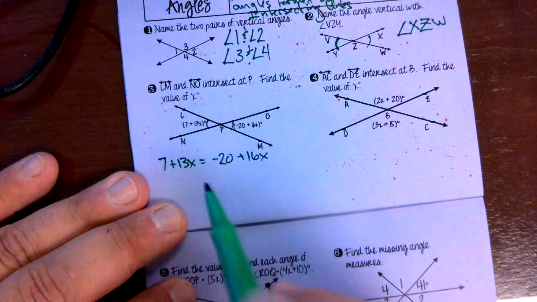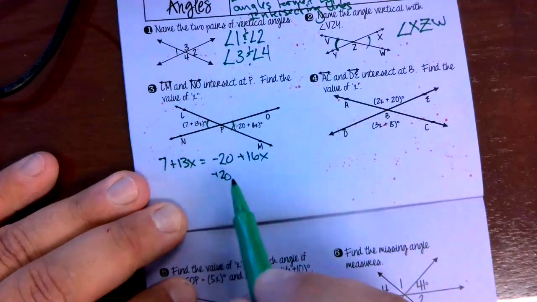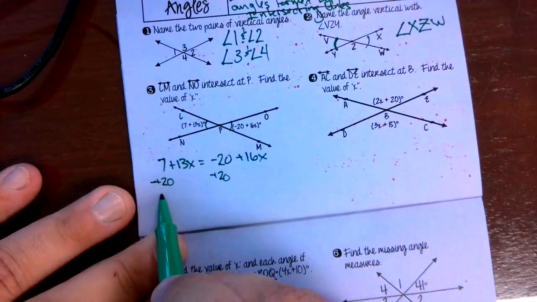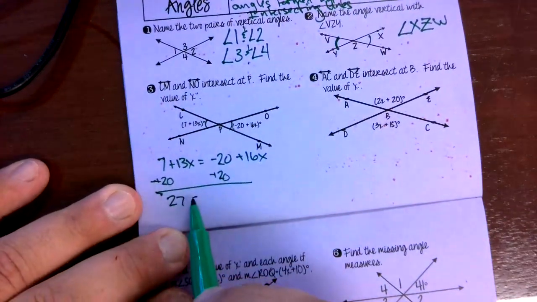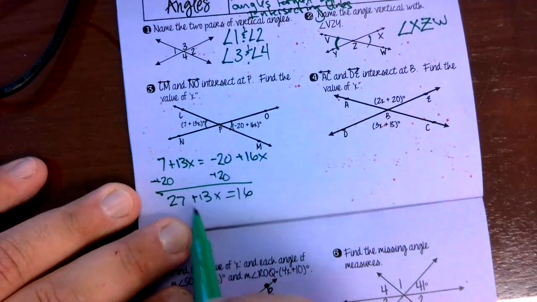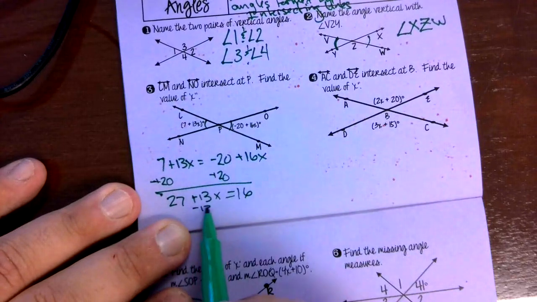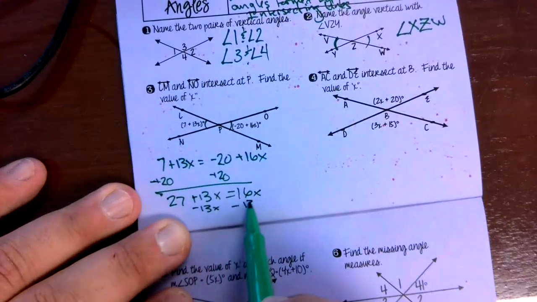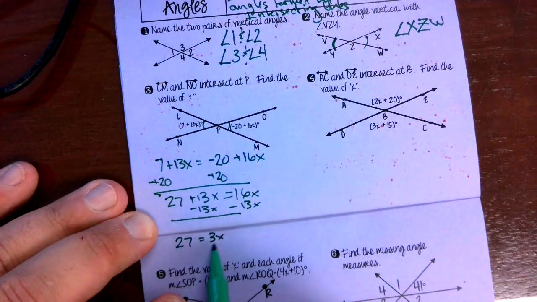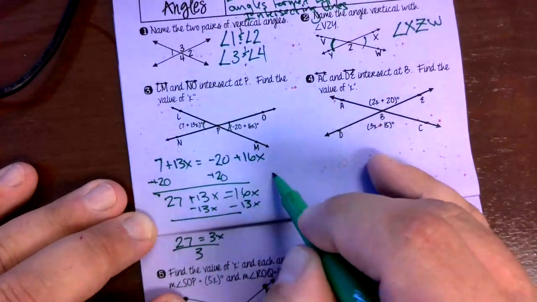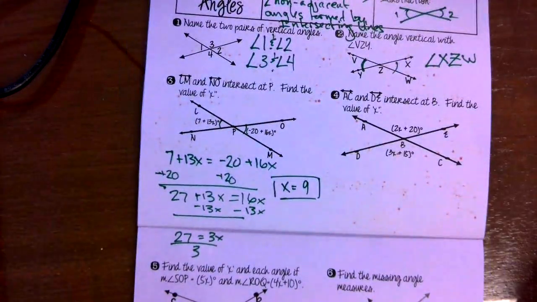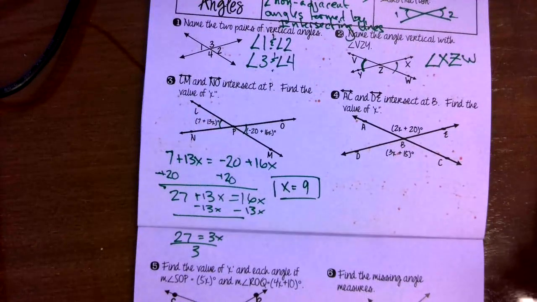I'm going to add 20 to both sides. Subtract 13x from both sides, and I get 27 equals 3x. Divide by 3, and I get x equals 9. So I set those equal to each other. Anytime we have vertical angles, that's what we're going to do.